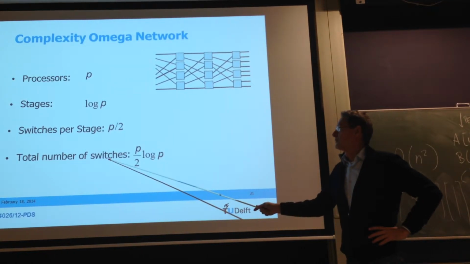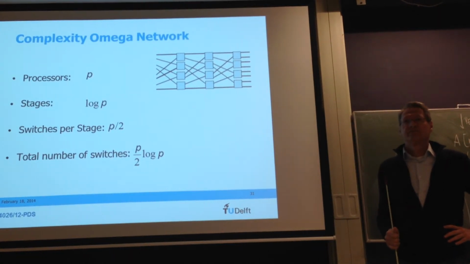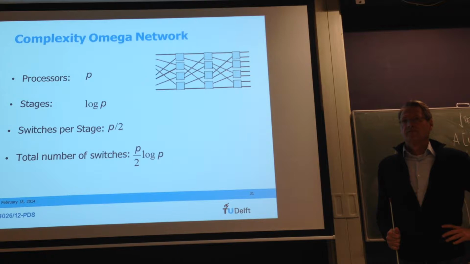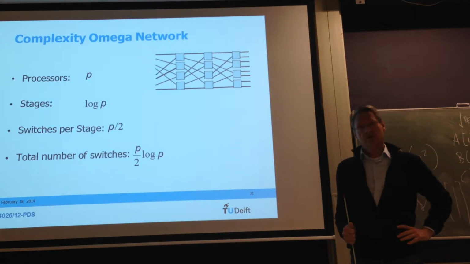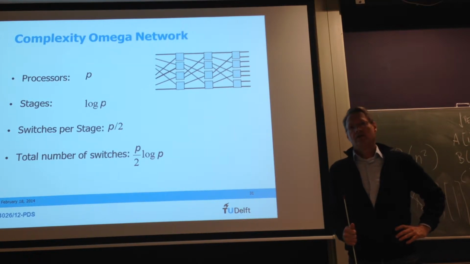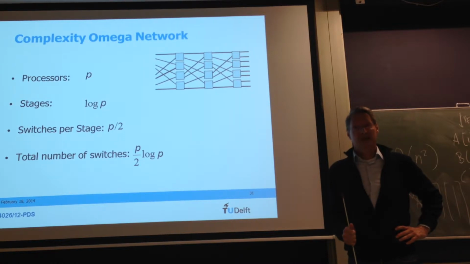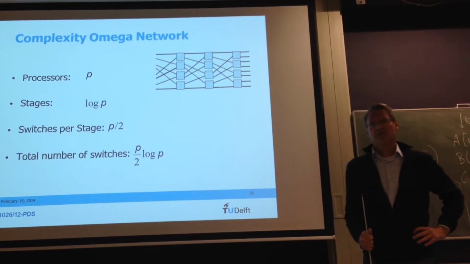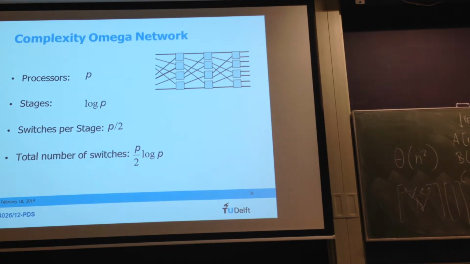So the total number of switches you need here is P divided by 2 times log P. So it scales in a certain sense. It's not linear in P. That's really the holy grail in terms of cost. It's not P squared, which is bad, but it's in the middle, right? It's P log P in complexity. So it's a scalable network structure.